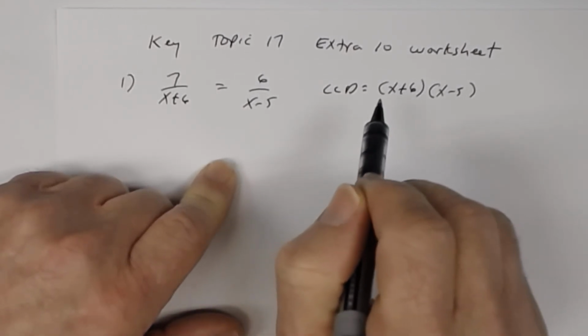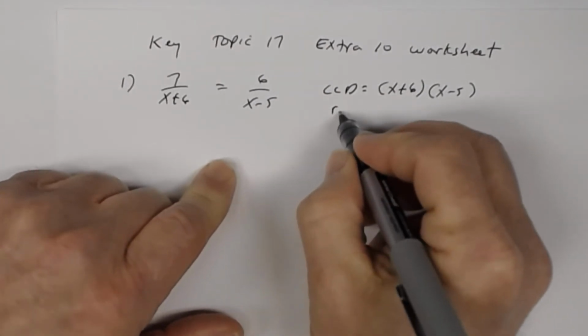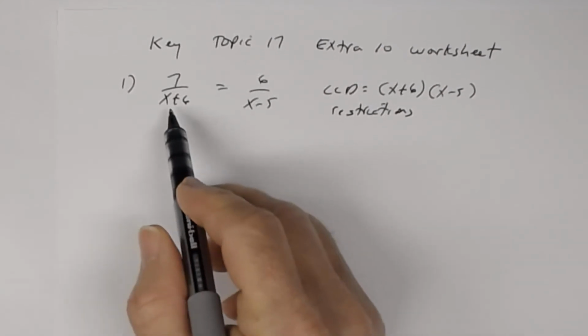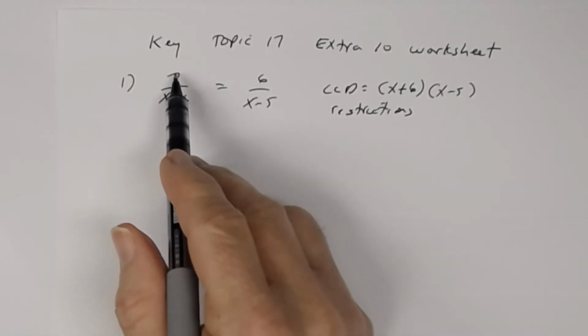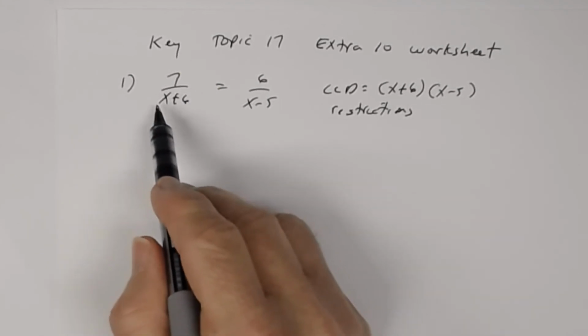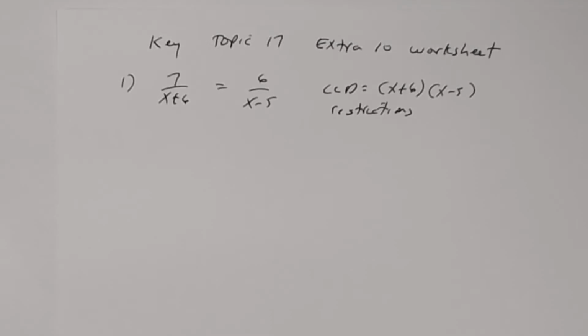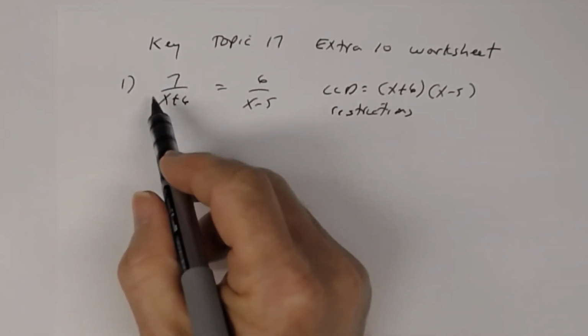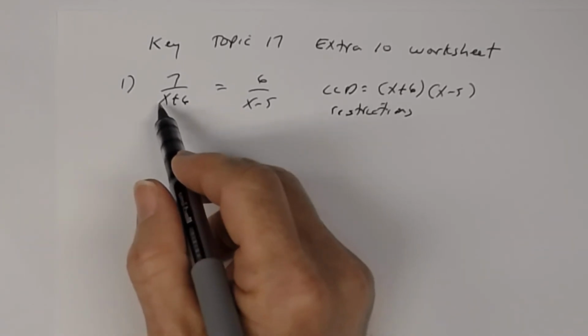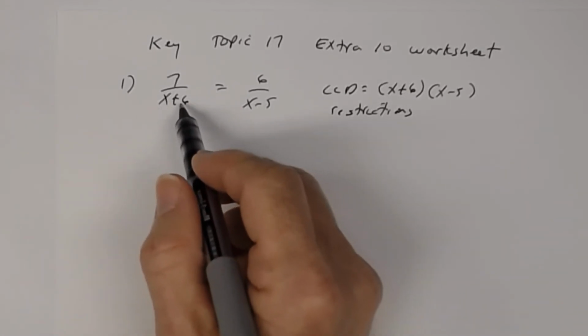All right, now let's talk about restrictions. Remember, in rational expressions, you cannot divide by 0. So what makes this denominator 0? This is a very easy linear expression. I'm hoping that you realize that negative 6 plus 6 is 0.